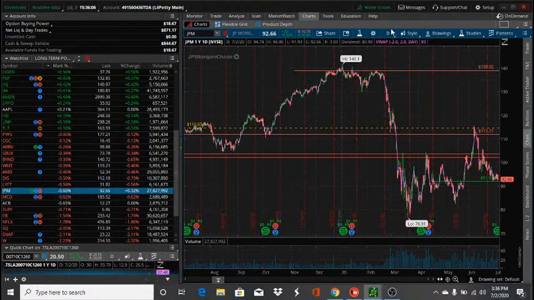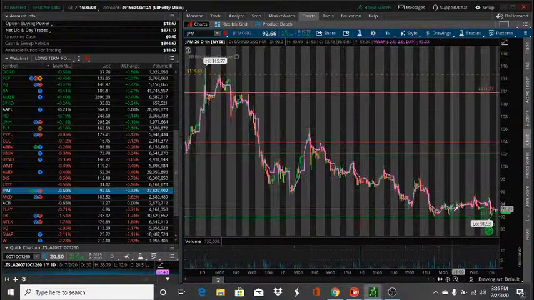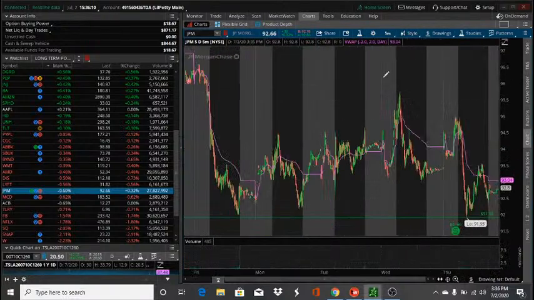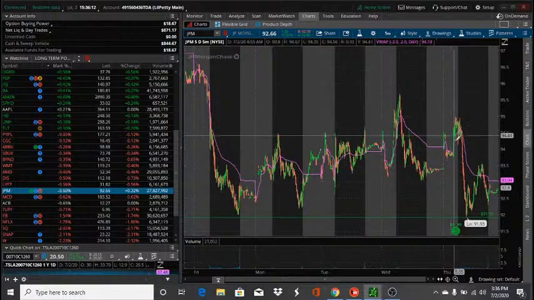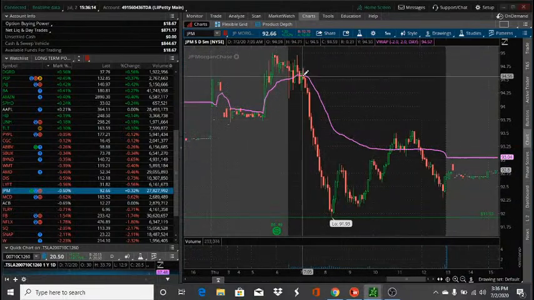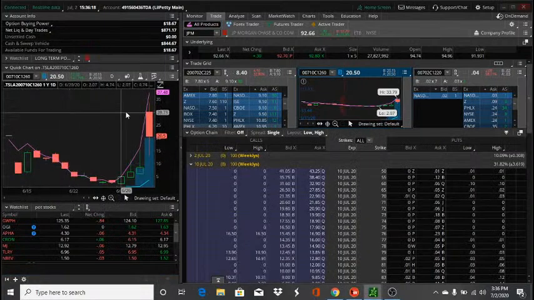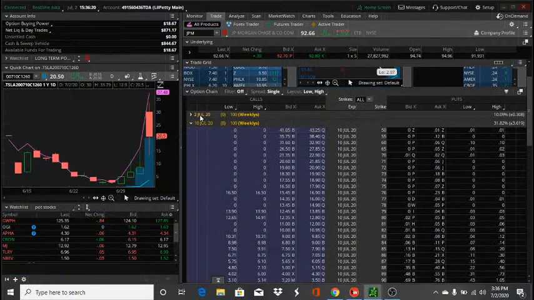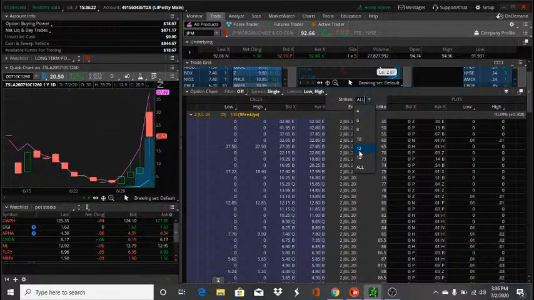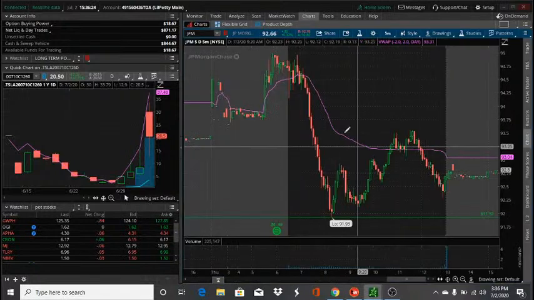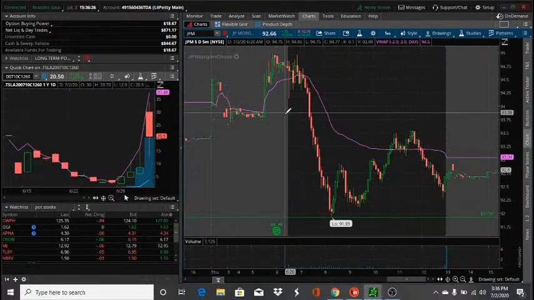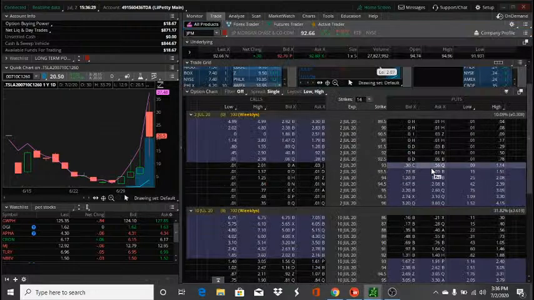JPM, so the banks, let's see what the banks did today. Yeah, so it looks like the banks had gapped up, and woo, they gave that all the way up. So this probably did 1,000% option. Let's check it out. JPM puts. Did you guys do 1,000 today? So 90, let's say some 93.5s.